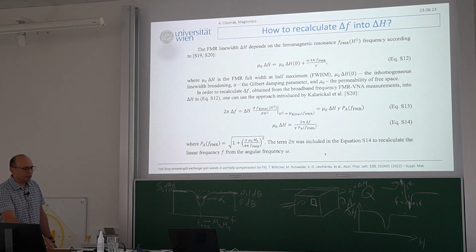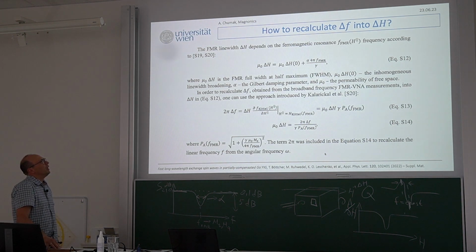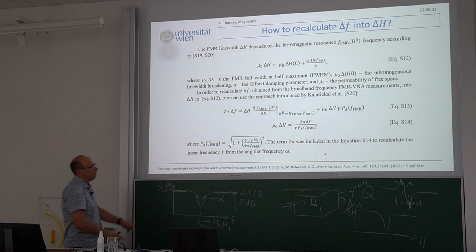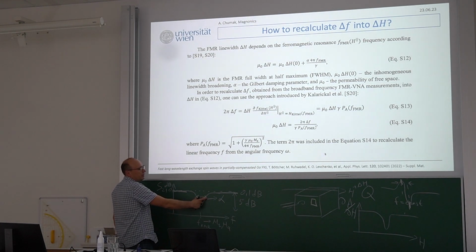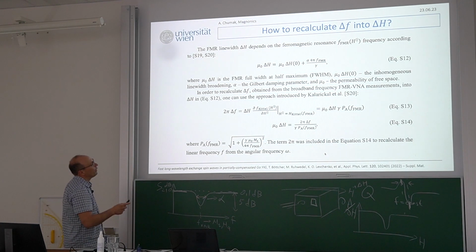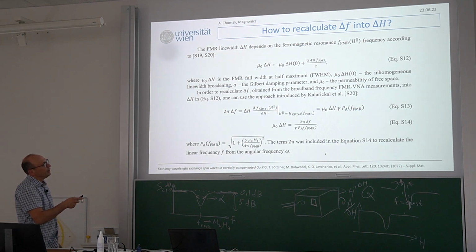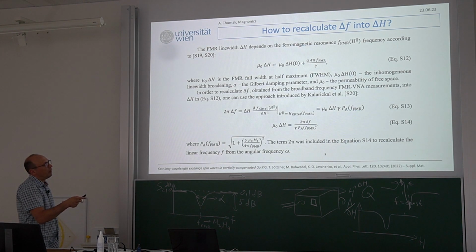You will find that everywhere in literature. But important for us is this formula, and you see this is delta H. It's your ferromagnetic resonance line width, and it's given by some offset, and this is named inhomogeneous line width broadening, plus some component which is proportional to the ferromagnetic resonance frequency.